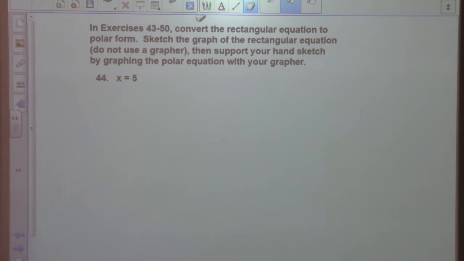And I will tell you for this one, you should get r equals 5 over cosine theta. Is that what you got? Yeah. So it's very, very similar to 43. Elizabeth, do you have questions on that? Okay.